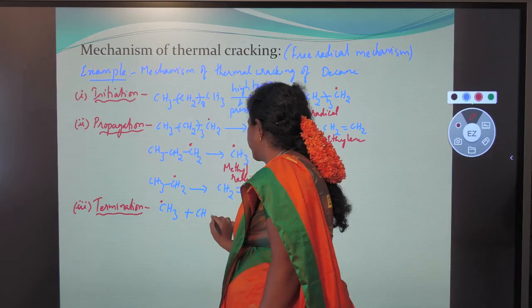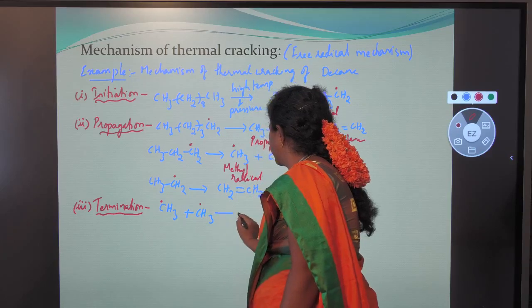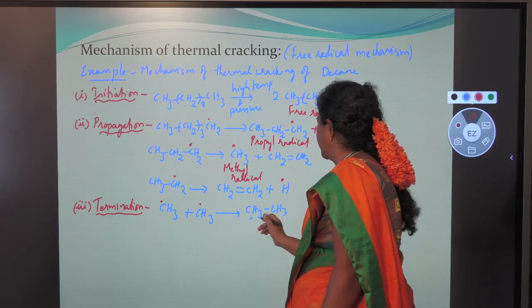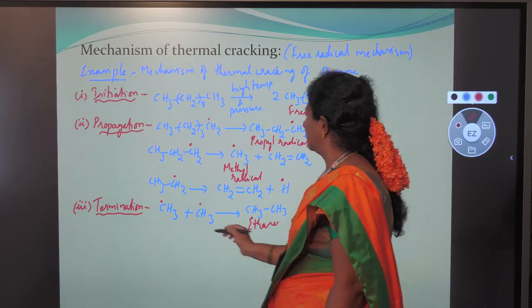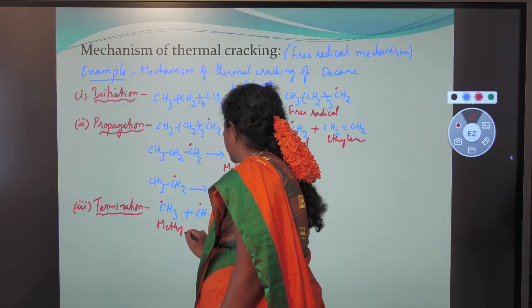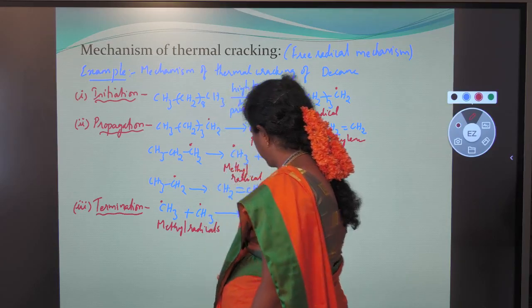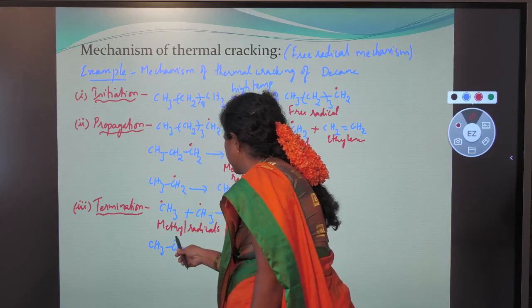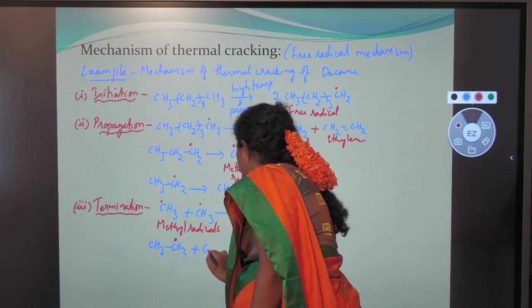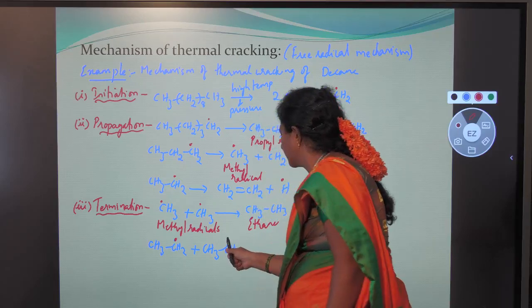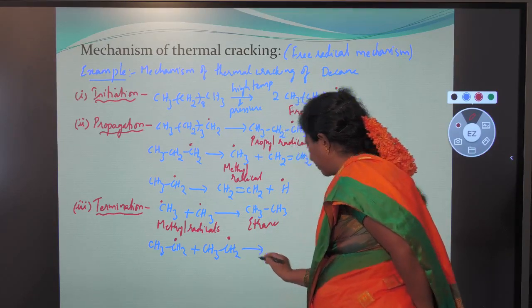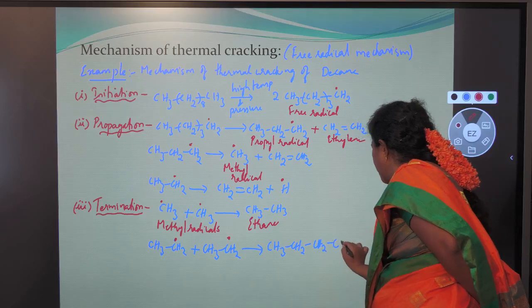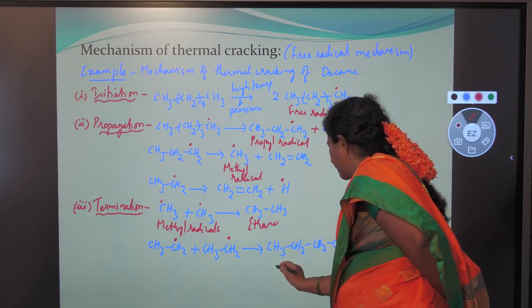Methyl radicals will couple, forming ethane, or ethyl radicals will couple, forming N-butane, CH3, CH2, CH2, CH3. This is called N-butane.